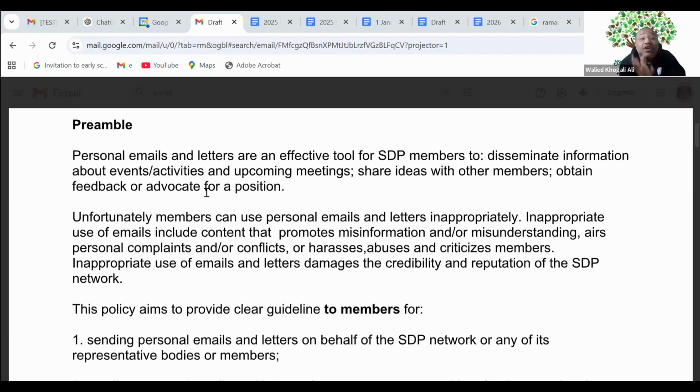They can do that personally. But if you're a member of the planning committee, if you're a member of the working groups, there is an expectation to conduct yourself in a professional manner, in a respectful manner, in a manner that respects the rights of other members, and to also prevent reputational damage for the SDP network. So I am convinced. Can I put my hand down? Thank you. You're next, Karen.